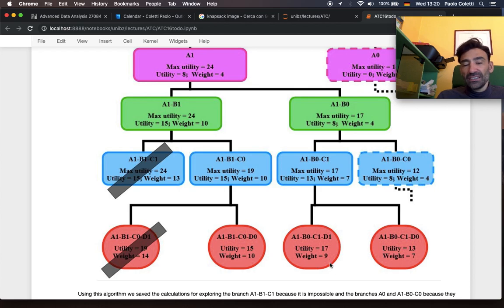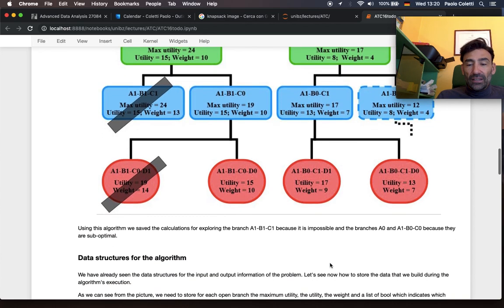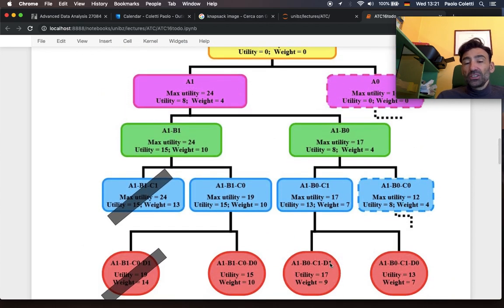Utility 17, size 9. So you can see that the big advantage of using this algorithm is that you didn't have to examine half of the tree. You can see here, there is a half of the tree. So half of the possibilities were discarded immediately. Also, a lot of possibilities were discarded here and here by the fact that this was already impossible, and this, with a maximum utility 12, is much worse than the 17 that we found.